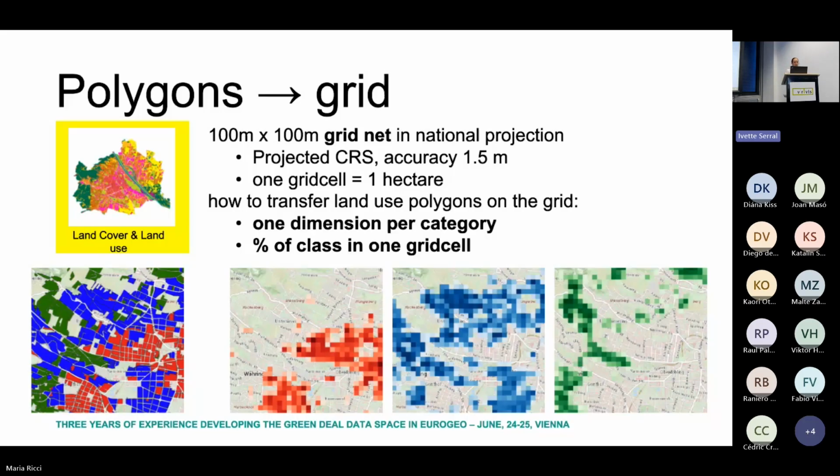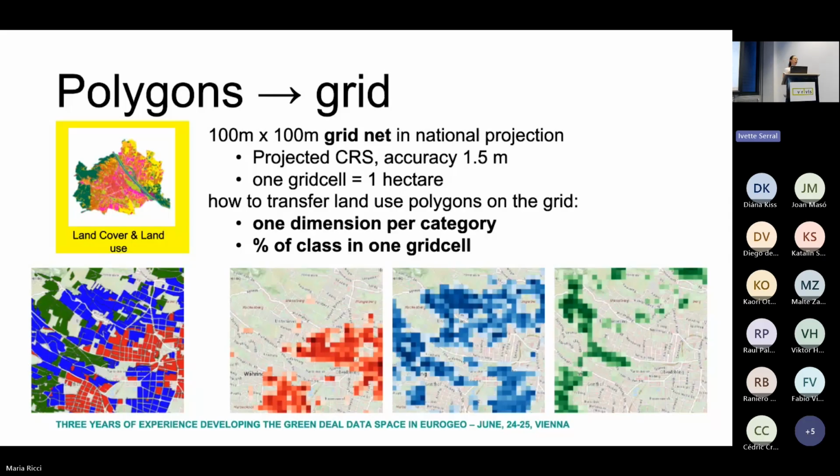So what we did is we decided to read the data and build a data cube where every band or dimension of the data cube is a different land cover class, and express the land cover as a percentage. So for each cell, you would know how much share of that specific class there is in that cell.